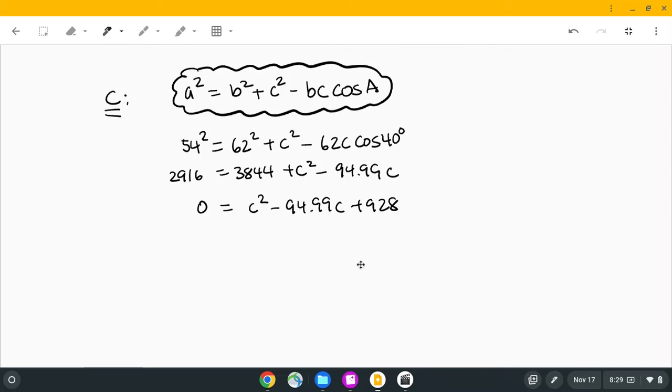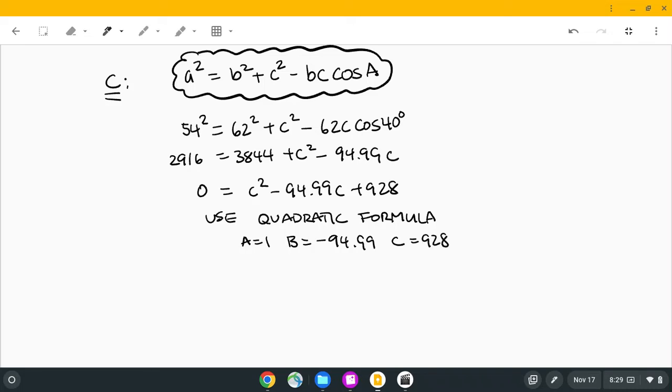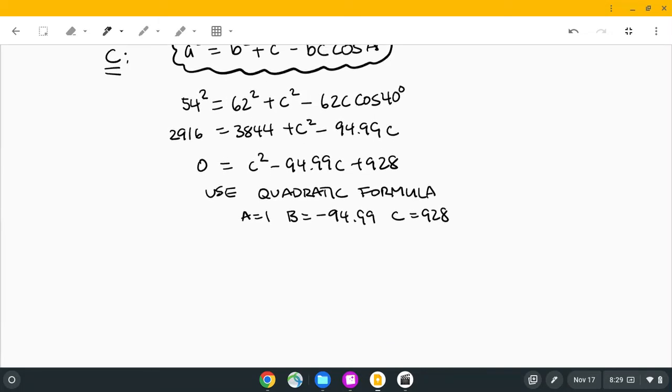And then here, so this is not factorable, so let's go ahead and use quadratic formula. I get the feeling some of you guys are already leaning towards using law of sines instead of law of cosines. And then here, using quadratic formula, a is 1, b is negative 94.99, and c is 928. Okay, and we are solving for c.